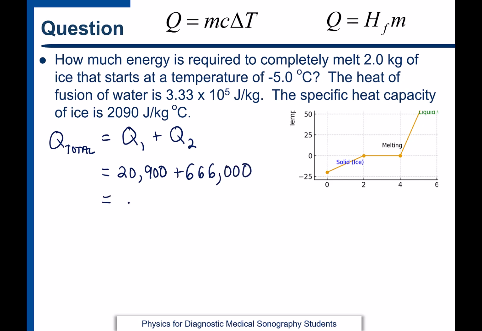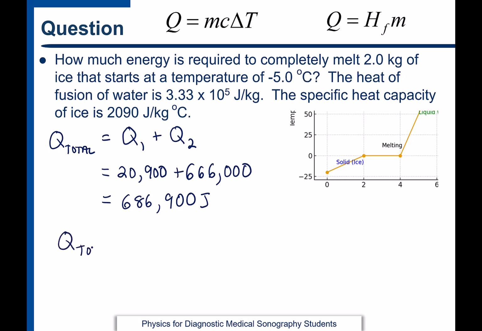What we get then is 686,900 joules. Why don't we put that in scientific notation? Since we only had 2 digits in most of the numbers that we put in, we'll want to have only 2 digits in our answer.